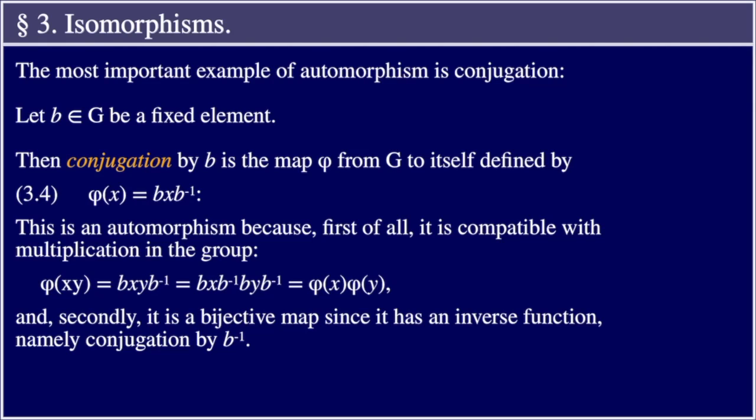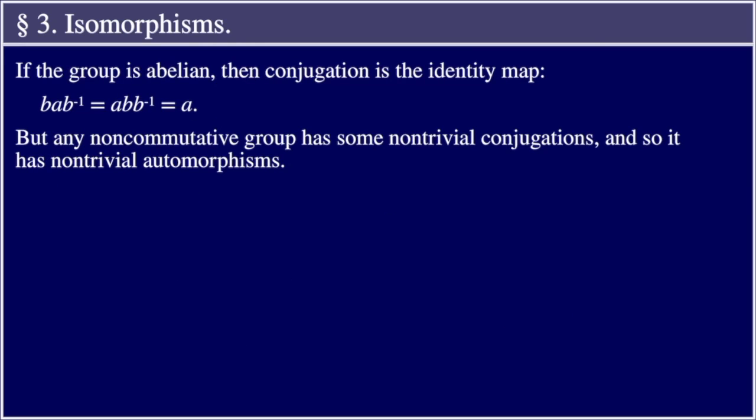And secondly, it is a bijective map since it has an inverse function, namely conjugation by b inverse. If the group is abelian, then conjugation is the identity map: b a b inverse equals a b b inverse equals a. But any non-commutative group has some non-trivial conjugations, and so it has non-trivial automorphisms.